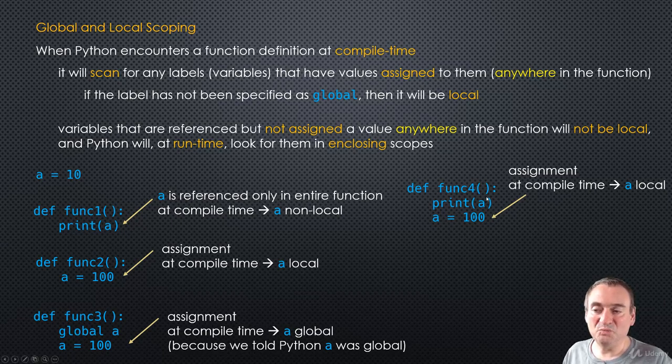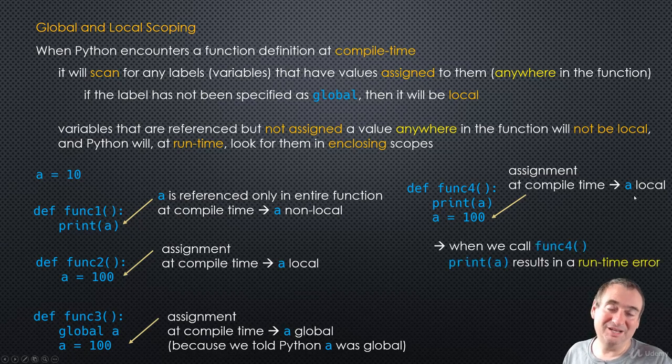Because now, when we say print a, Python knows a is local, because it's already made the determination at compile time that a was local. And so when we call func4, we get a runtime error, right? So it's not like it's going to use the global variable here and then make a local variable here, right?